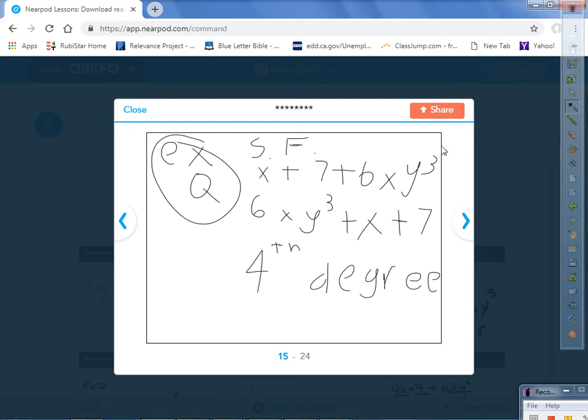Ready? There we go. The correct answer is the 4th degree. Talk to your neighbor, let them know how they got 4th degree of that polynomial.